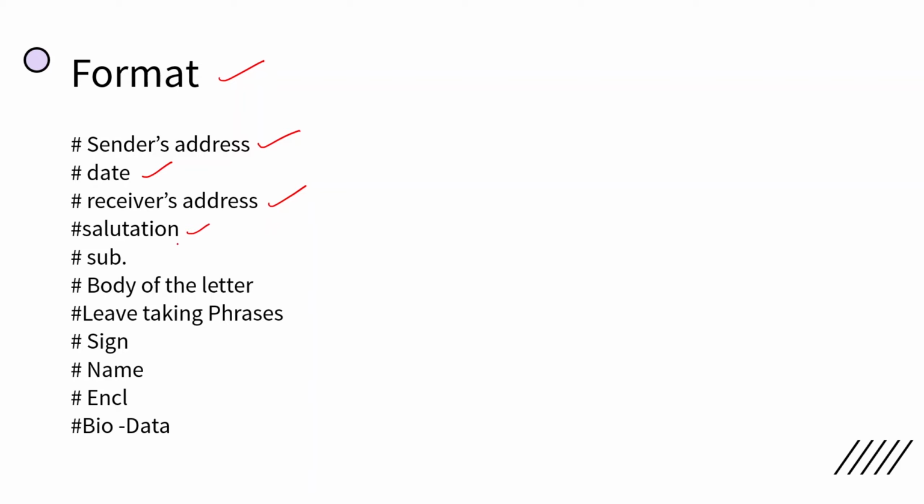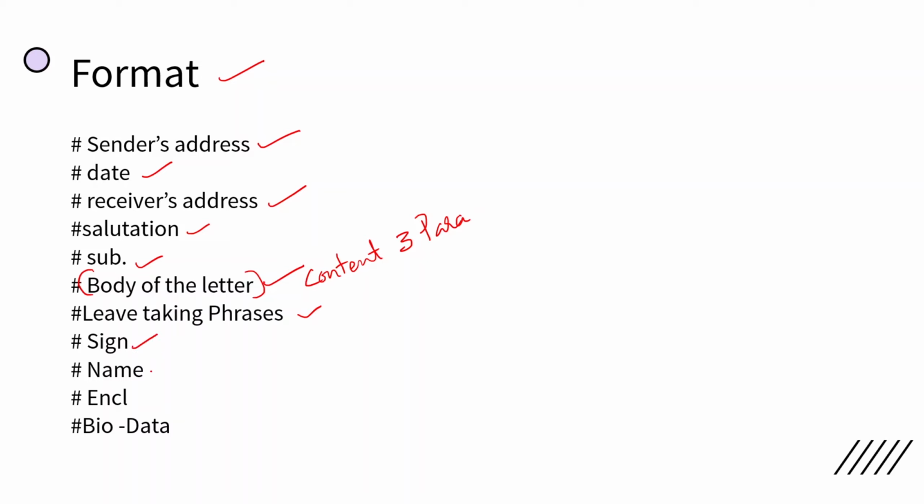Then salutation. Then subject. Then body of the letter. Then leave taking phrase. The body of the letter is the content part, that is the 3 paragraphs we have already explained.